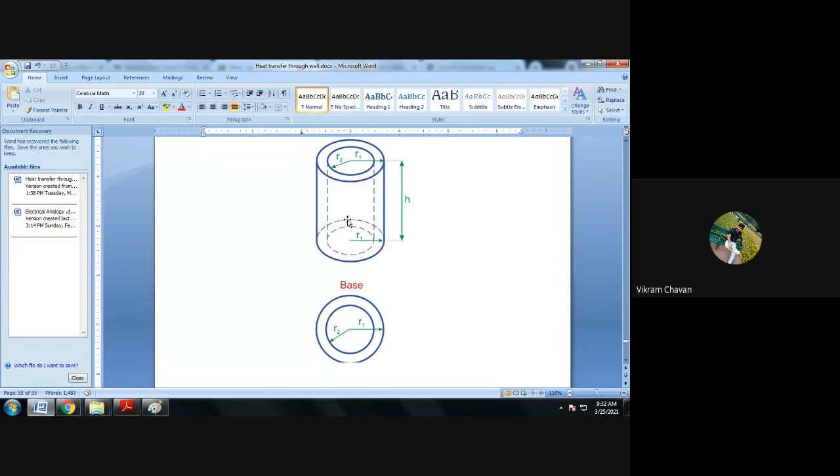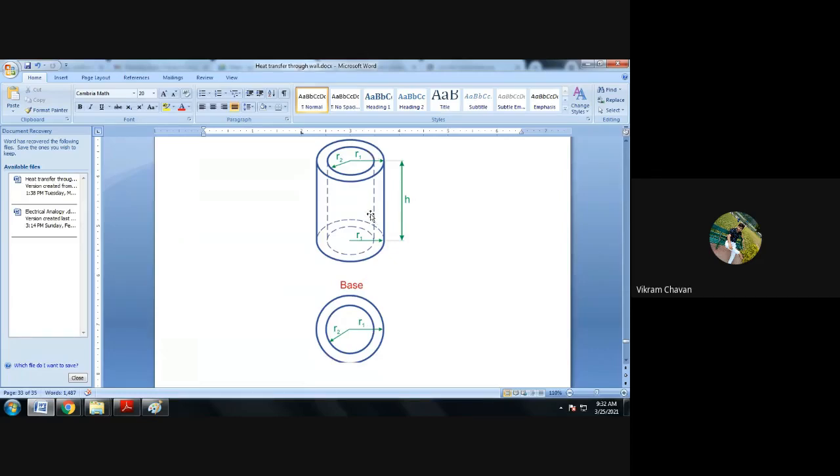If you take the front view, as we discussed in graphics, the front view of a cylindrical geometry will be rectangular, and the top view will be circular.